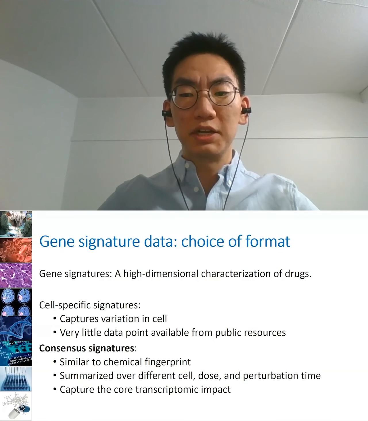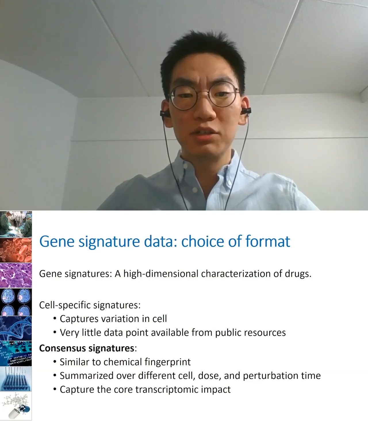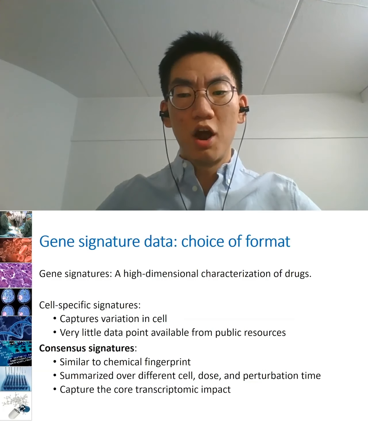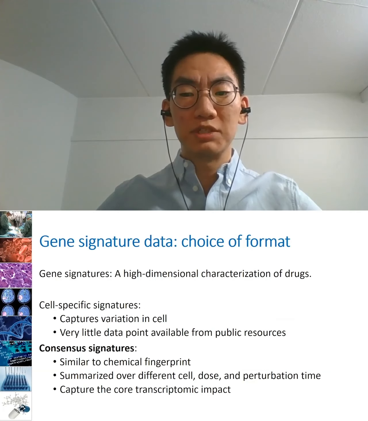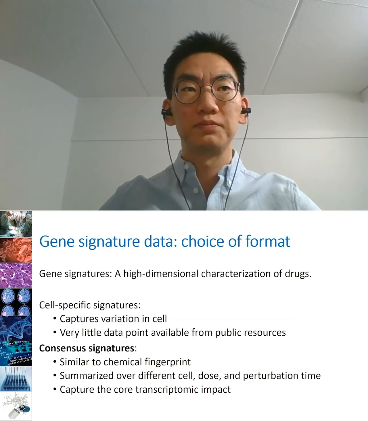First, gene signatures, or drug perturbational gene expression data. It is basically a high-dimensional characterization of drugs. What we are given are cell-specific signatures that capture the variations in cell lines. However, there is very little data point available from public resources.